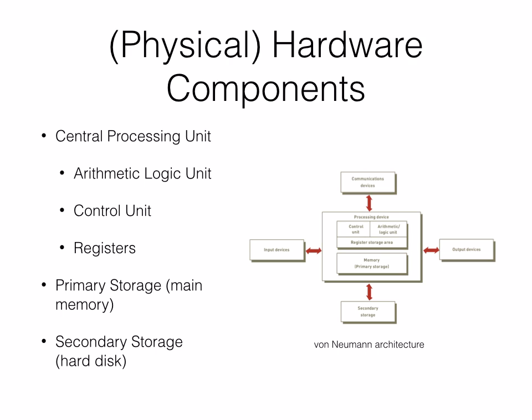I have a diagram here which gives you a pictorial of the von Neumann architecture, where you have a control unit, an arithmetic logic unit, and a register storage area inside the processing device, and it also includes a separate block, considered part of the processing device, which is primary storage or memory. And then outside of that processing device you have secondary storage. Now, as we'll also explore, primary storage has a number of different incarnations, and we'll talk a little bit about those in the next few slides.